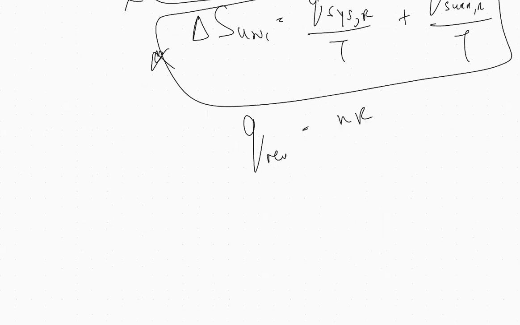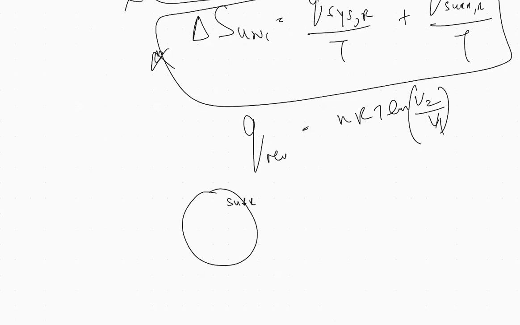Always, if Q reversible in the system is positive, the surroundings should be negative, and if the surroundings are positive, the other one is negative, because it's the exchange of heat between the surroundings and the system. So it goes this way and the other way.